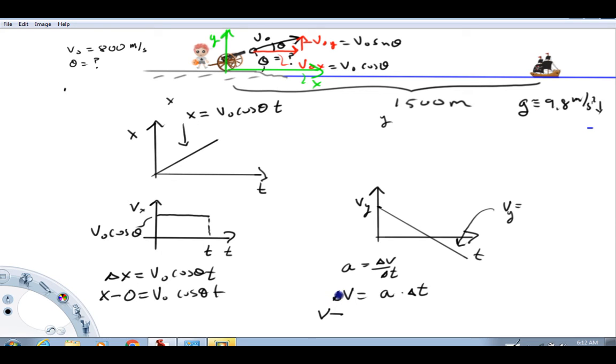Now the initial velocity in the y direction on our graph, that's this distance, and I haven't labeled it yet. In this picture, that's this vector represented by v sub o sine theta. So our change in v is going to be whatever v final is minus this.